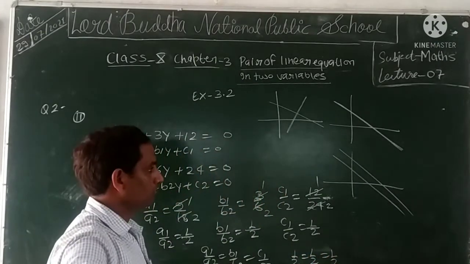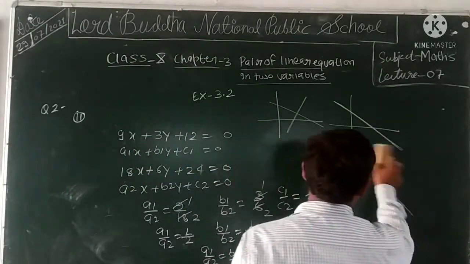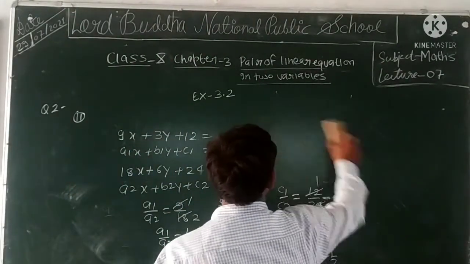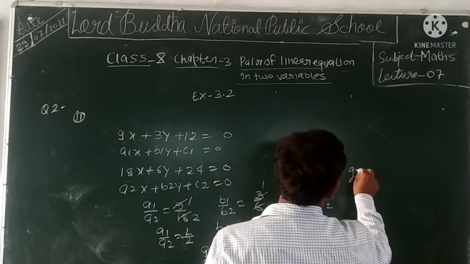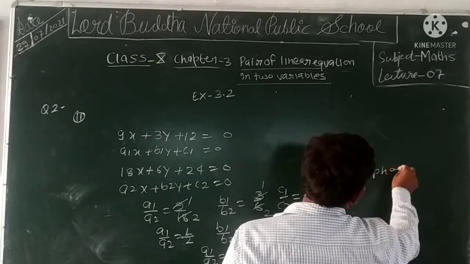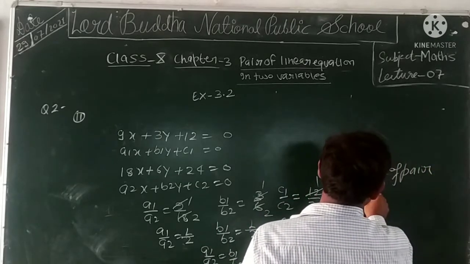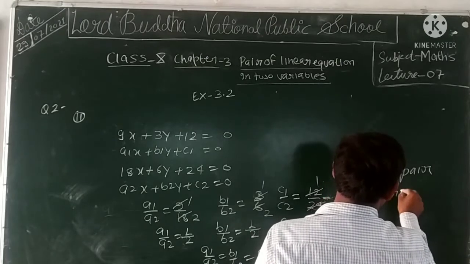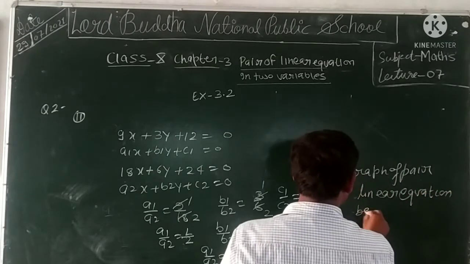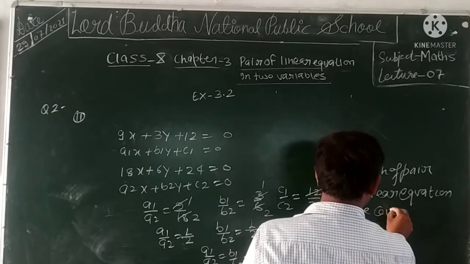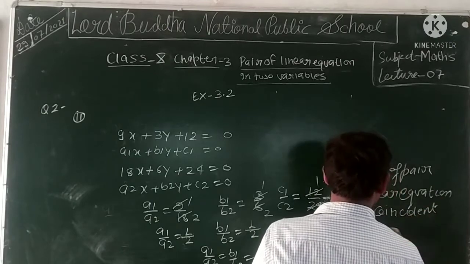Hence, this will be coincident lines, meaning the graph of this pair of linear equations is coincident lines.